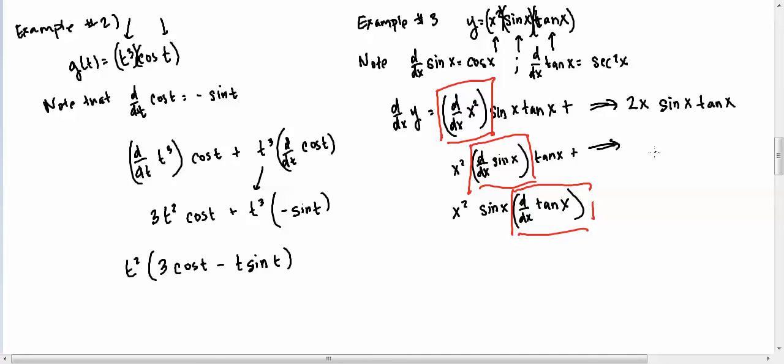And the derivative of this is, well, we know that the derivative of sine of x is cosine of x, so I have x squared cosine of x tangent of x. And then over here I have x squared sine of x times the secant squared of x. Oh, excuse me.